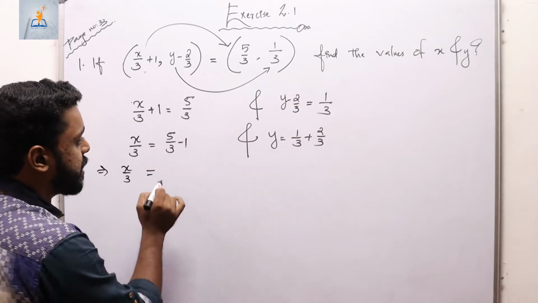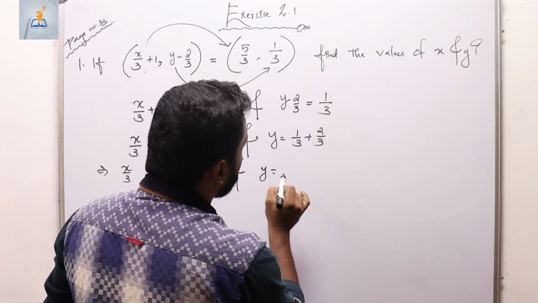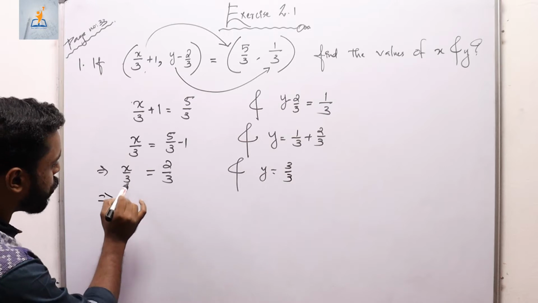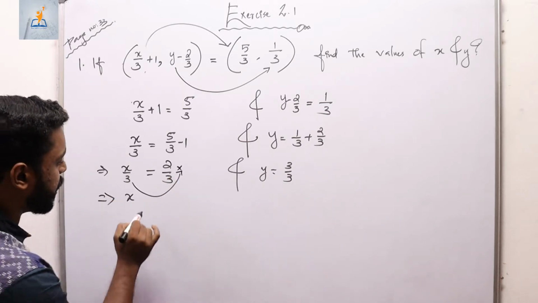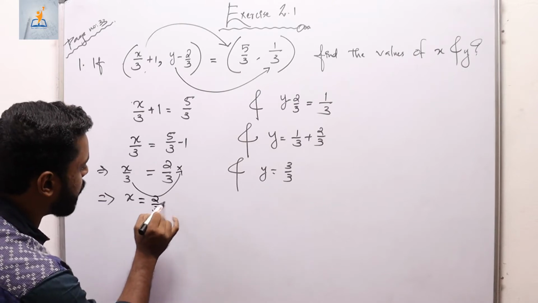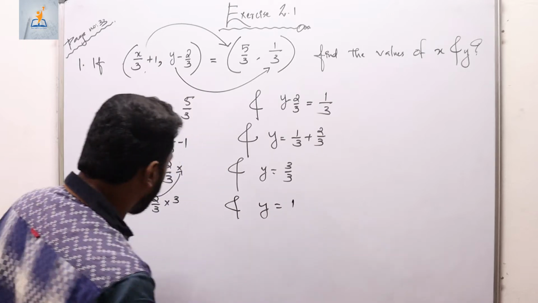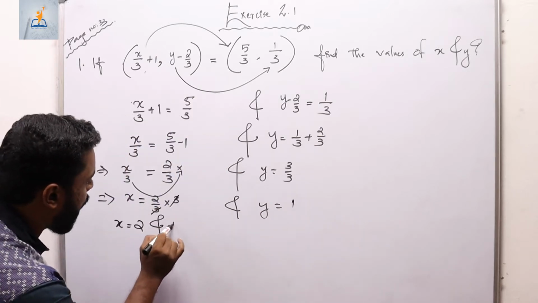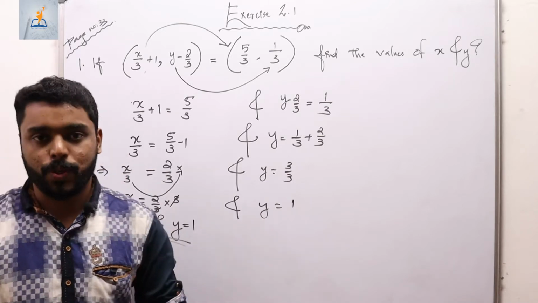We can take the LCM and substitution gives 2/3, and y is 3/3. We have to find x, so that 3 will go to the numerator. So it is equal to 2/3 into 3, and y is equal to 3/3, which is nothing but 1. 2/3 into 3 gives us x is equal to 2 and y is equal to 1. So this is the answer for the first question.